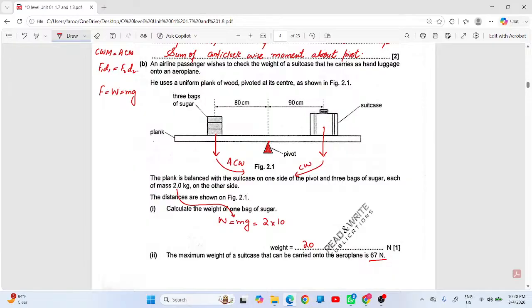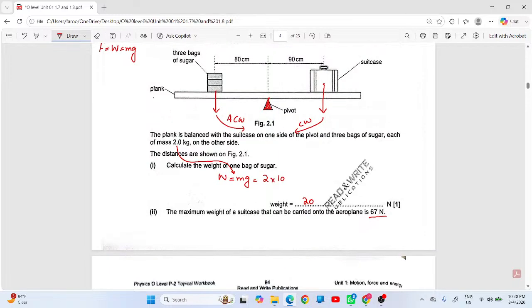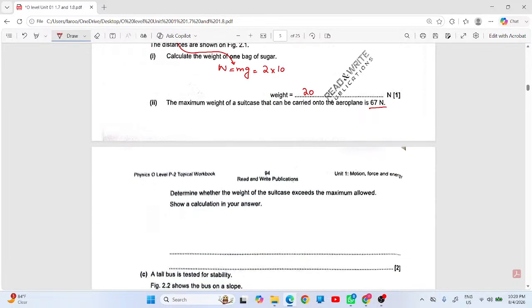So turn the mic off. Here we write that anti-clockwise moment equals the clockwise moment. Maida said the anti-clockwise moment will be due to the bags. I will write it as F1 D1 equals F2 D2.